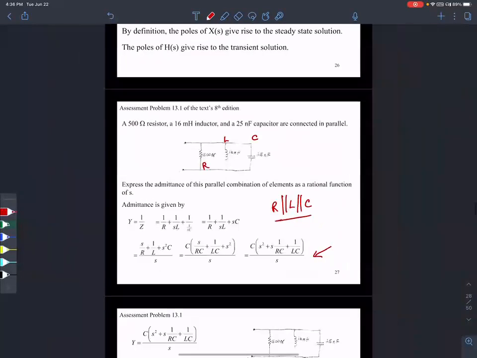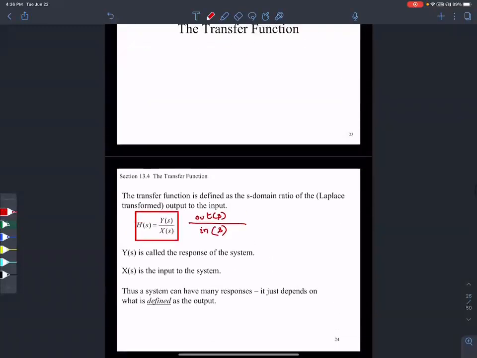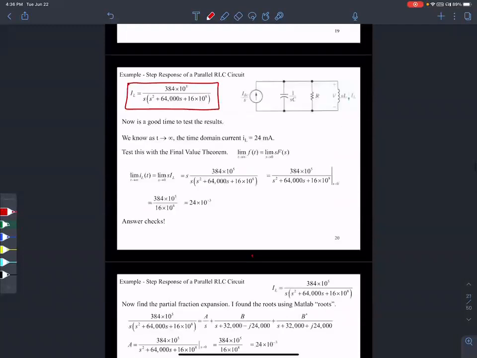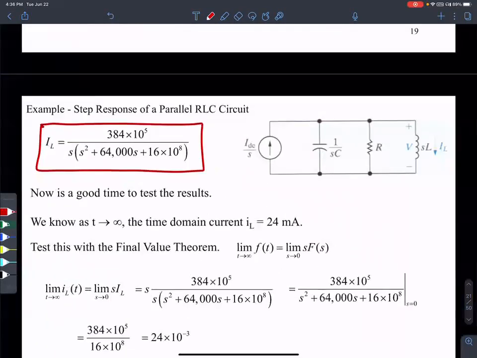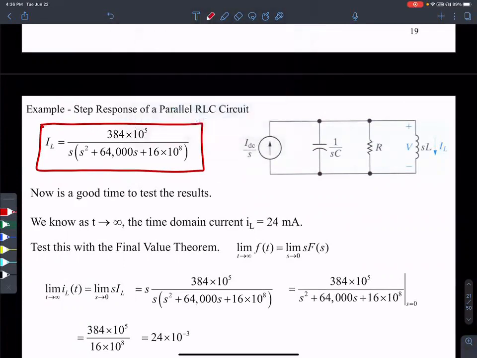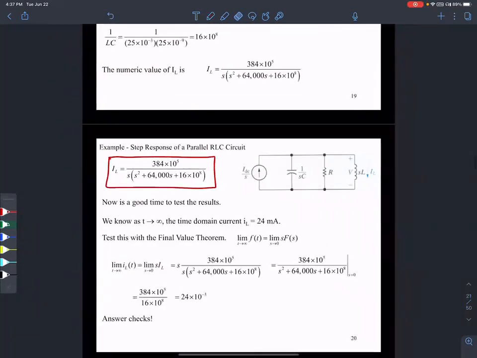Remember, if you have an S-domain polynomial in the denominator, we can find out its poles.